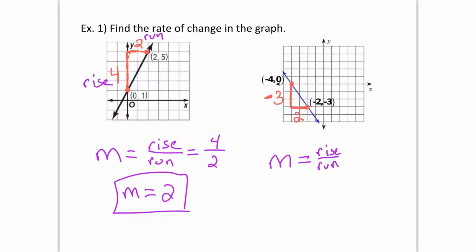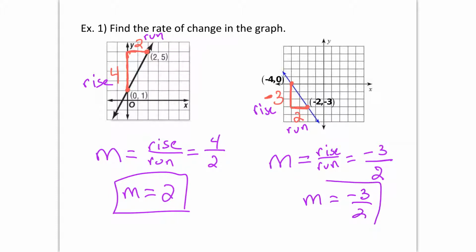My rise is my steps that I went down, so that's -3, and my run is the number of steps I go to the right, and that's 2. I checked the fraction, and notice you cannot reduce it. So my slope here is -3 over 2.